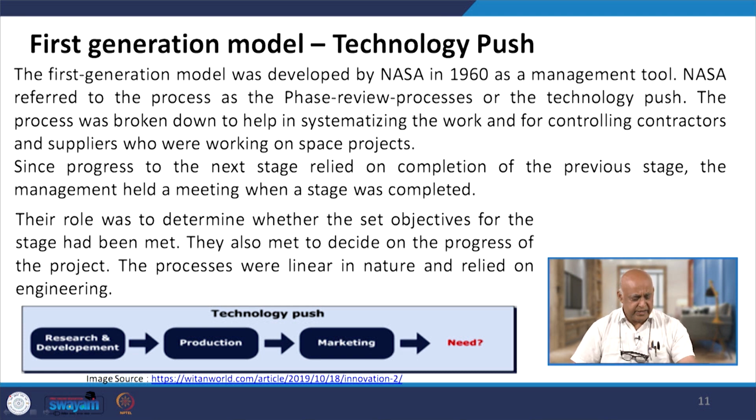So in the technology push model, R&D becomes the first step. Whenever we are talking about research and development, we have to explore more as per the new technology developments. I will give a simple example from the textile industry.